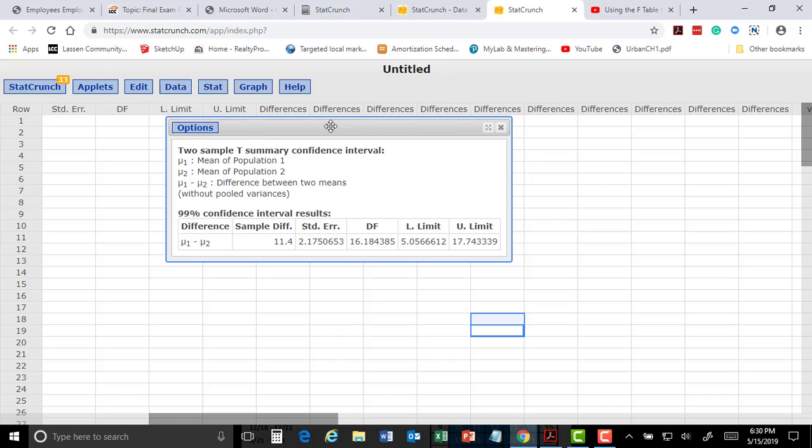Oh, I know. The sample sizes are really low, aren't they? They're only 11 and 9. That says 5.0 and then 17.74.